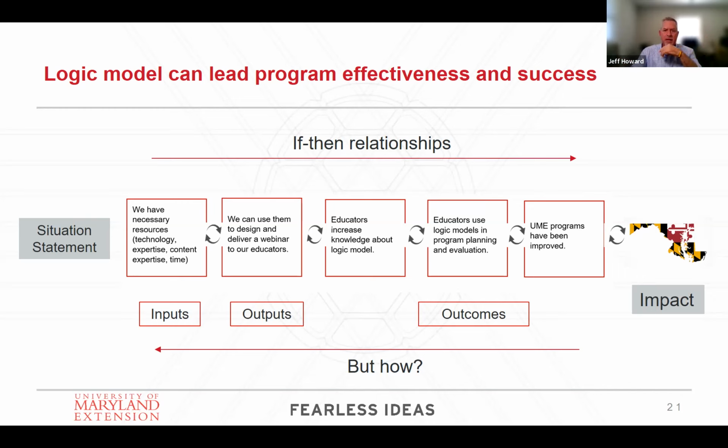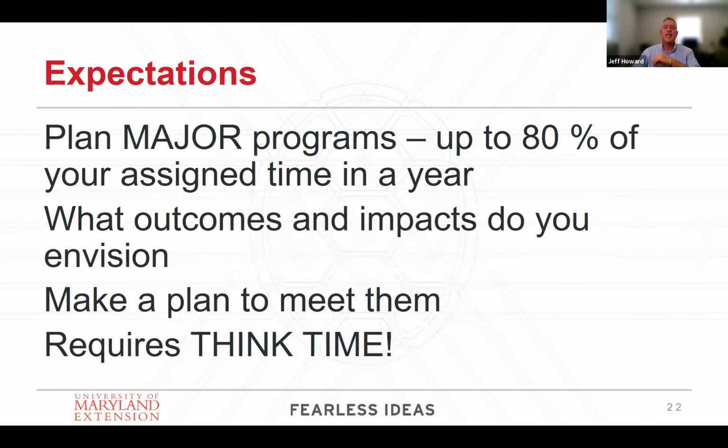Actually, I'm going to go to the next one because I wanted to emphasize this. As you know, within the IEP system, our program planning process is we typically plan 80% of your time in a given year. 20% is episodic, things happen. We plan 80%, but life happens, or some pest comes into our county and takes us over, and I'm derailed.